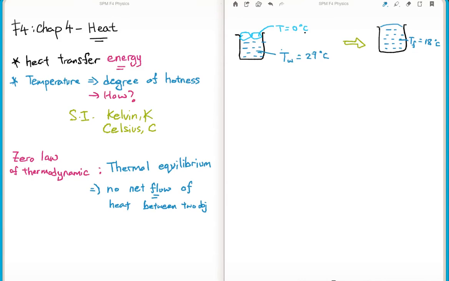Now those are random numbers. I didn't do any calculation. How do you know the temperature? You know this temperature by using a thermometer.